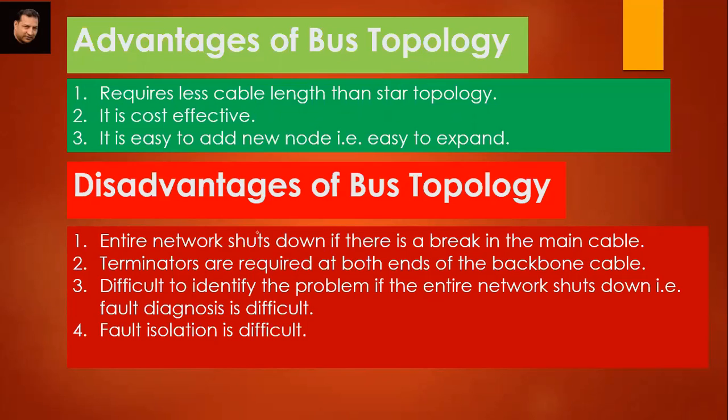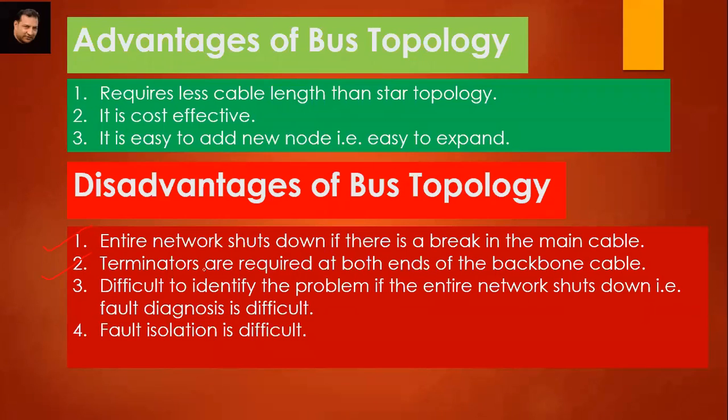But we have some disadvantages. First, the entire network shuts down if there is a break in the main cable. Second, terminators are required at both ends of the backbone cable.